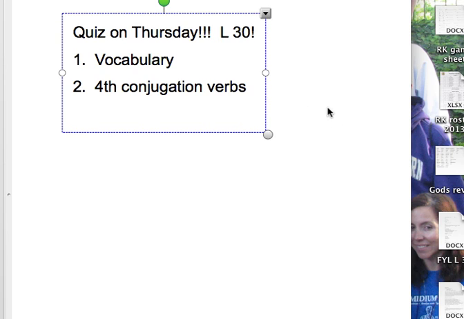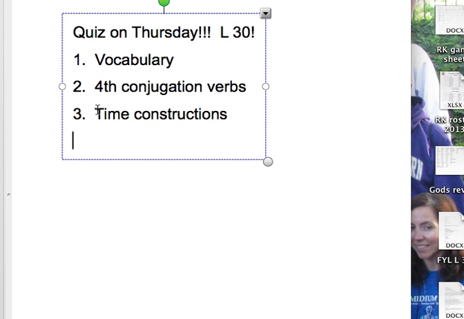Note that for this one, you will not have a word bank because all the words that could be used are already contained in the vocabulary you are studying for this quiz. All right, number 3, you're going to translate some time constructions. You have learned 2 time constructions.